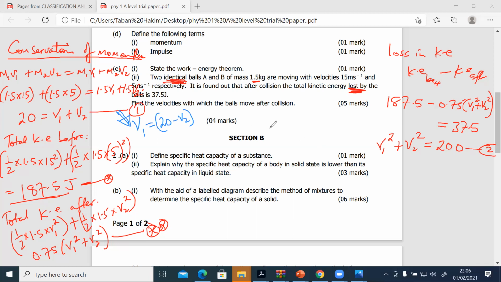So when you substitute this into the other equation where there is V1, we shall have 20 minus V2 squared, plus V2 squared equals 200. Simplifying this will give us 400 minus 40 V2 plus V2 squared plus V2 squared equals 200. This is squaring this.